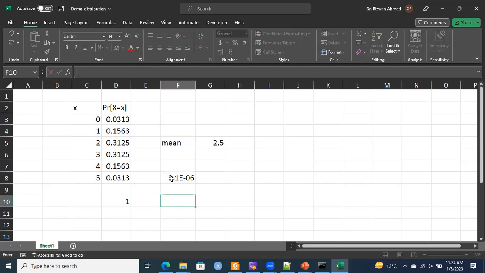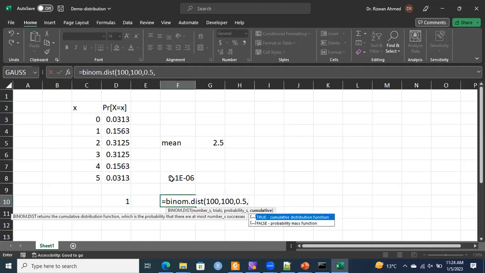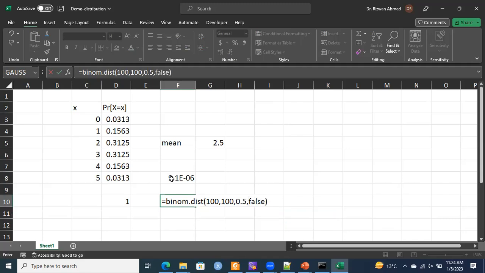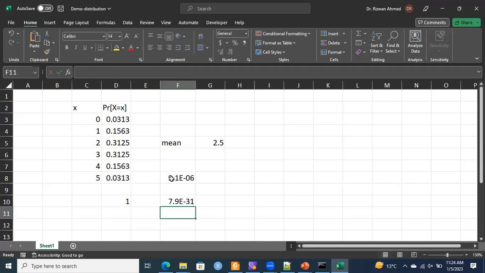Like I said, my claim, 100 out of 100, the probability 0.5, and with individual probability. See this number. This number is a real number, 10 raised to the power minus 31.